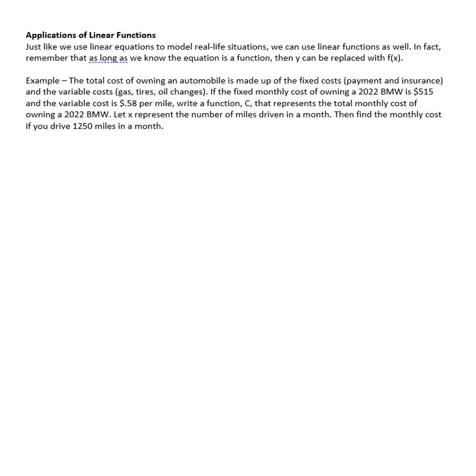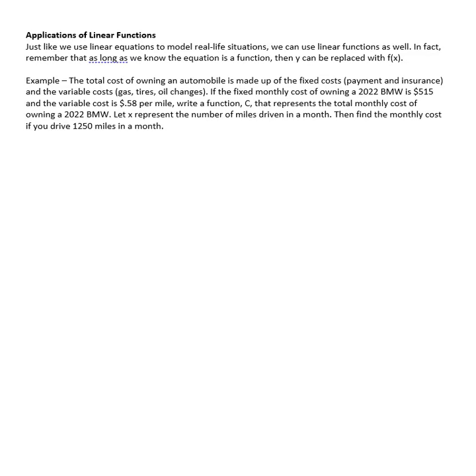So the total cost of owning an automobile is made up of the fixed costs, payment and insurance, and the variable costs, gas, tires, oil changes. If the fixed monthly cost of owning a 2002 BMW is $515 and the variable cost is 58 cents per mile, write a function C that represents the total monthly cost of owning a 2002 BMW.